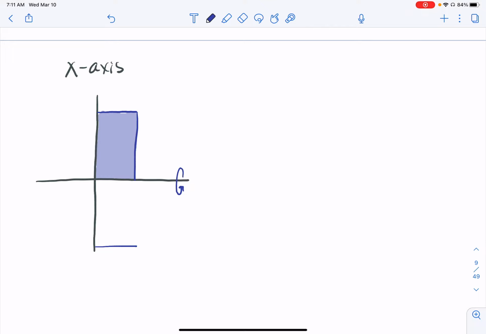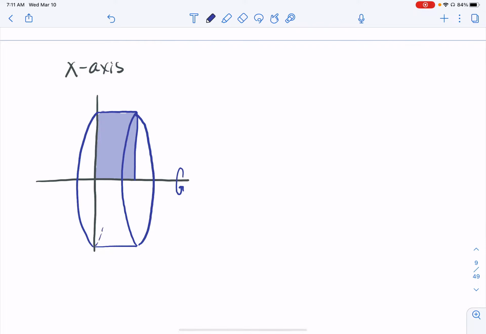So I'm just going to connect this edge to that edge with a nice curve like that. Okay, and then the other side of that. So you can see that makes roughly a cylinder, and maybe I do the same thing over here. And if you want to, you can dash the one that you're not supposed to see.